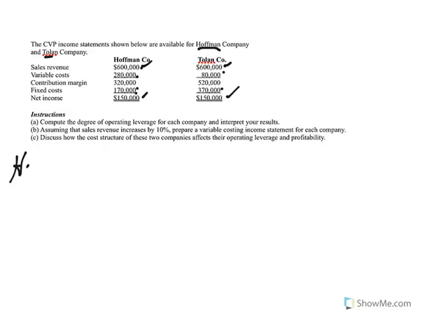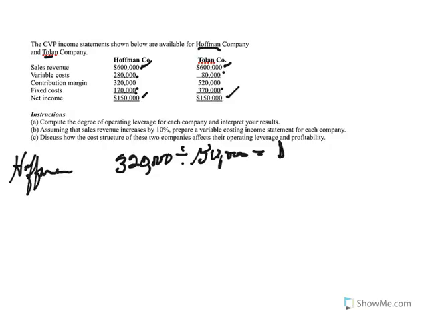So we'll start off with Hoffman. Hoffman's degree of operating leverage is the contribution margin, which is $320,000, divided by the net income, which is $150,000. So the degree of operating leverage, or DOL, is equal to 2.133. For Tolan, it has more fixed costs.